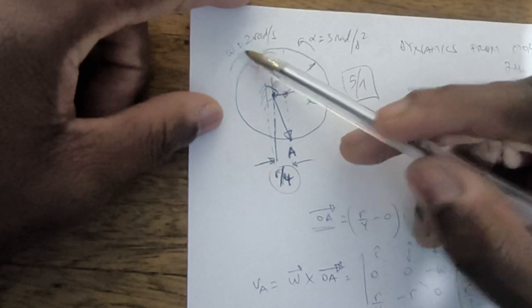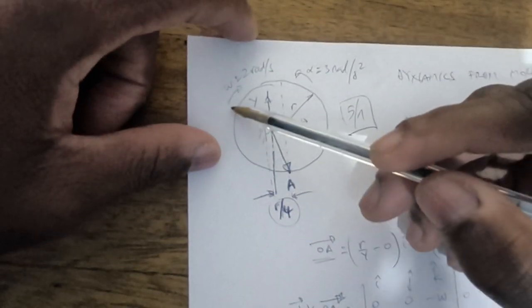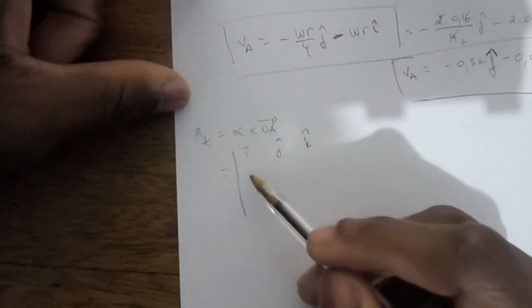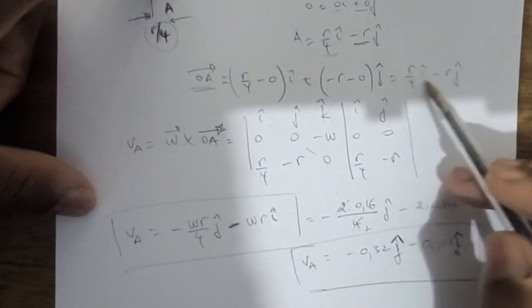Meanwhile, the angular velocity goes in the clockwise direction. That's why it's negative. So here we have 0, 0, alpha, and the OA, we already computed the OA vector.